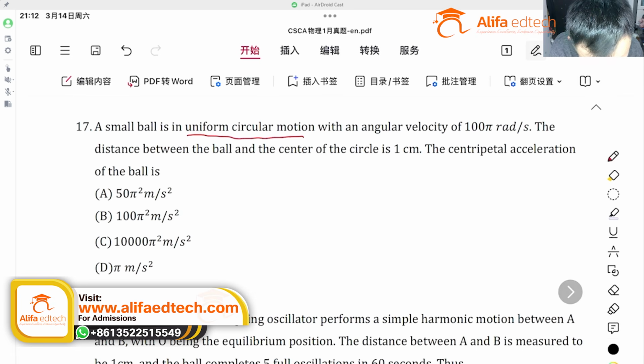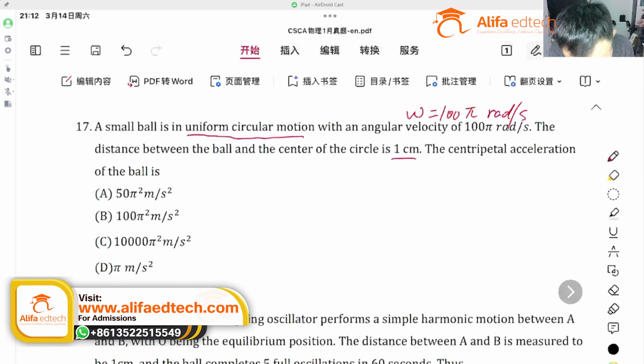This is omega, 100 pi rad per second. The distance between the ball and the center of the circle is 1 centimeter. This is the radius. R is 1 centimeter, is 0.01 meter.